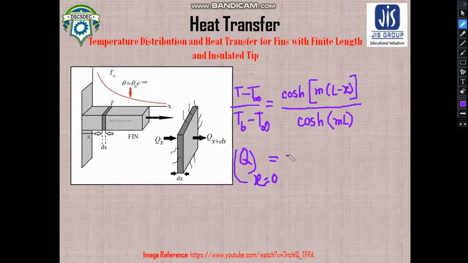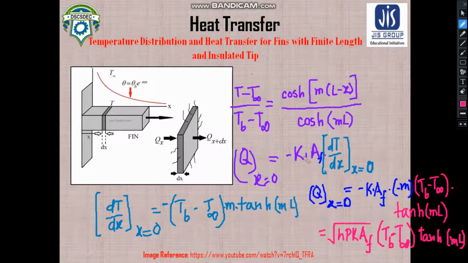It will be simple. We'll use Fourier's law: minus k into A_f, the area of the fin, into dT/dx at x equal to 0.